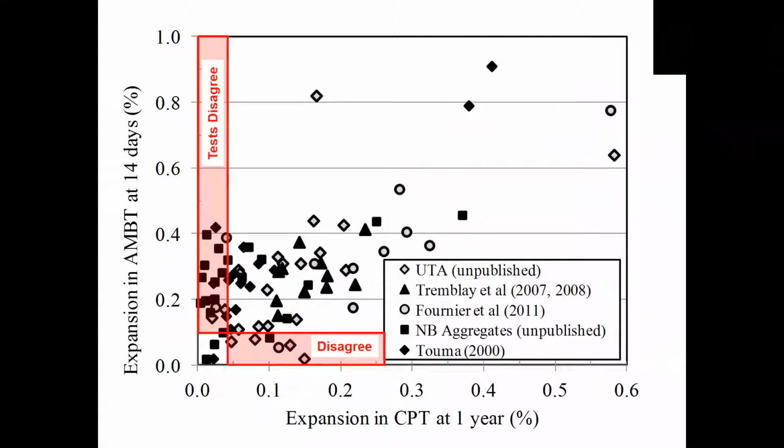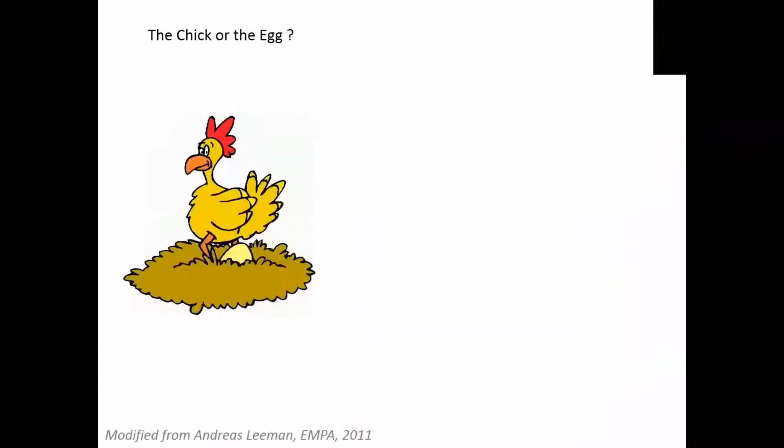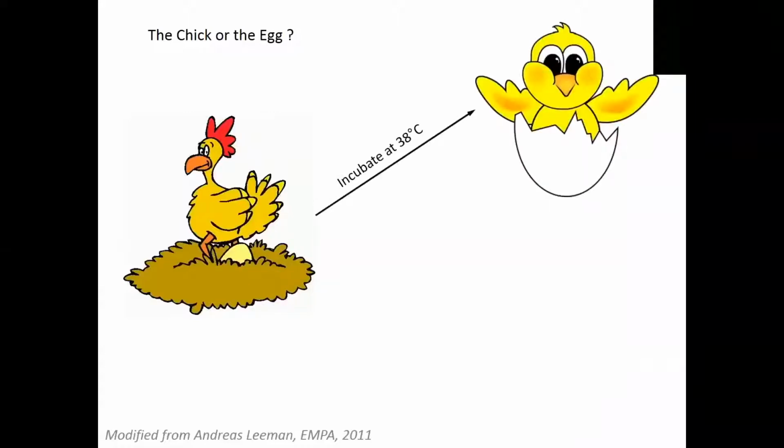Of course, this has opened a debate as to which test is right. I'm going to try to respond to this a little bit facetiously by looking at the problem of the ASR and the chicken. We know that if we take an egg from a hen and we incubate that at 38 degrees Celsius, which is the temperature we run the concrete prism test at, we'll end up eventually with a chick.